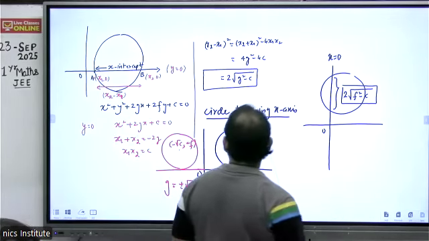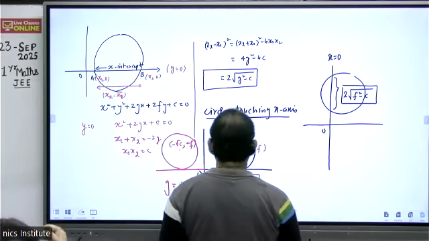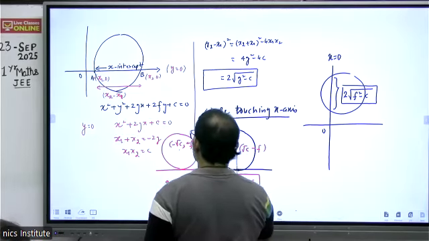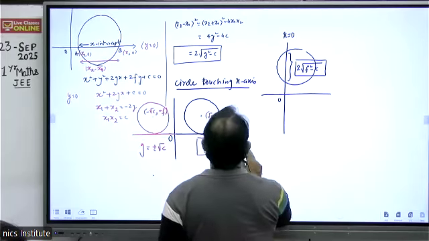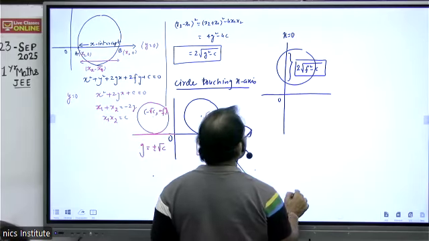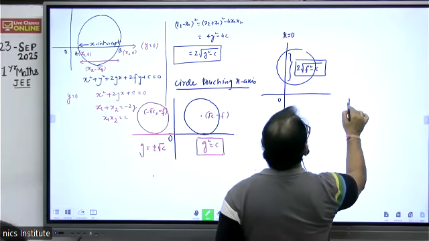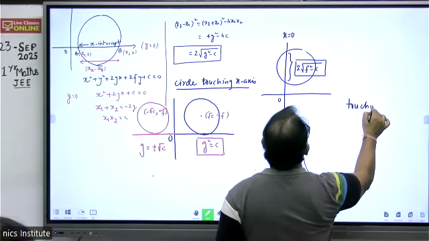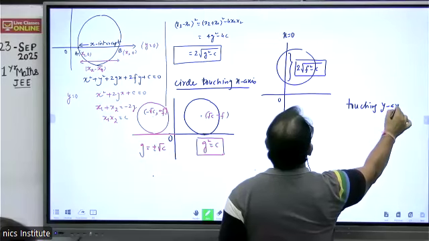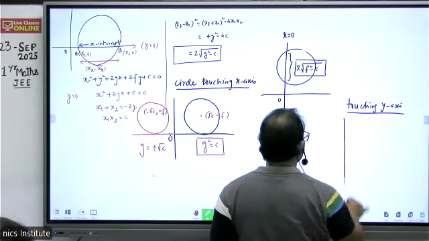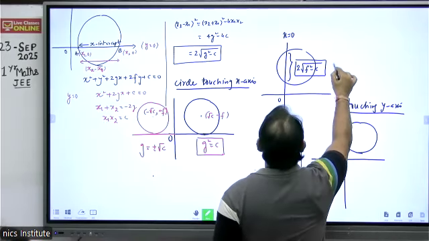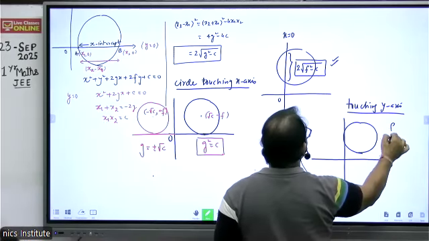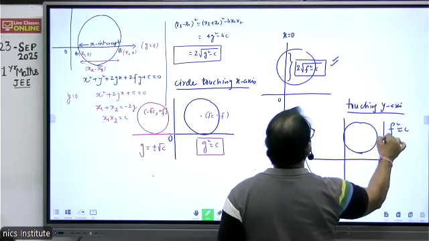What if a circle touches y-axis? Condition for a circle to touch y-axis. Touching y-axis. In that case, the y-intercept would be 0.